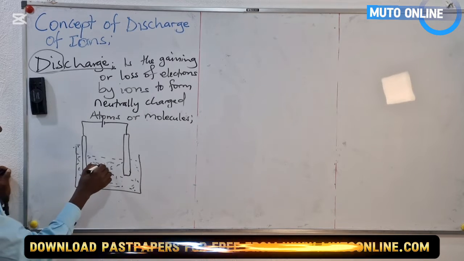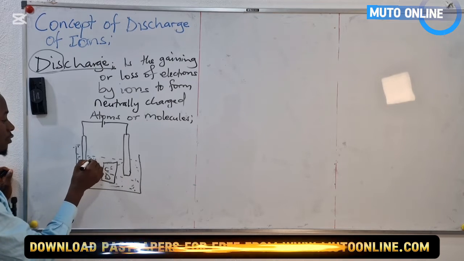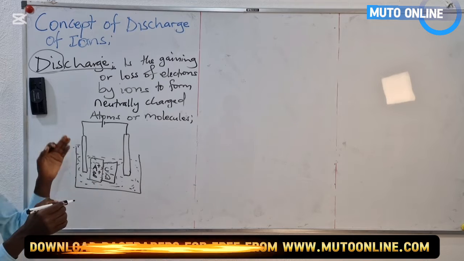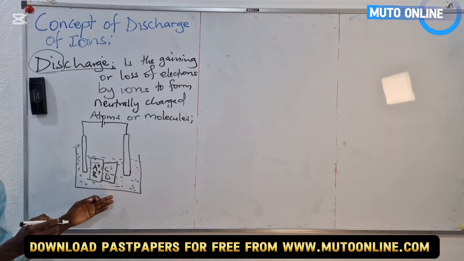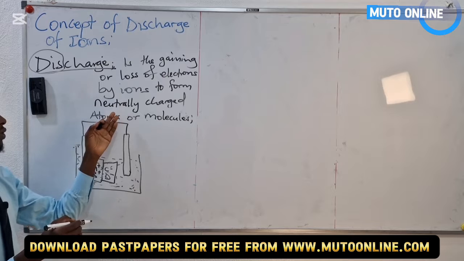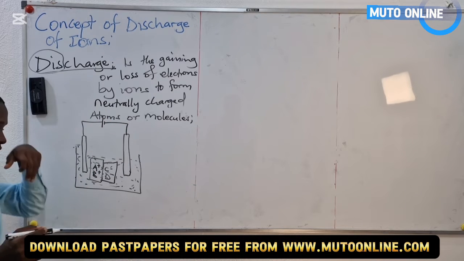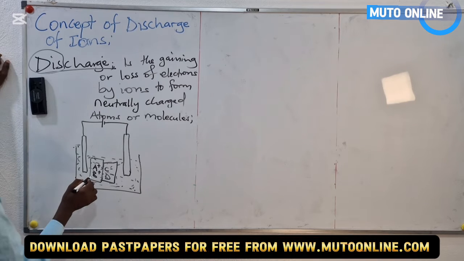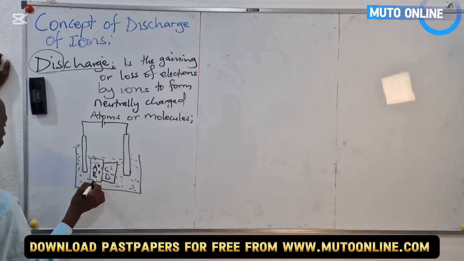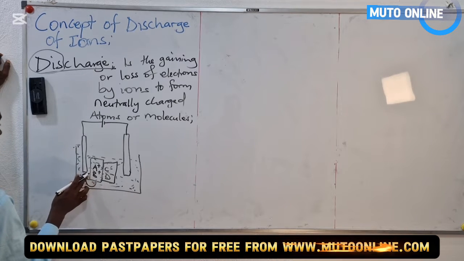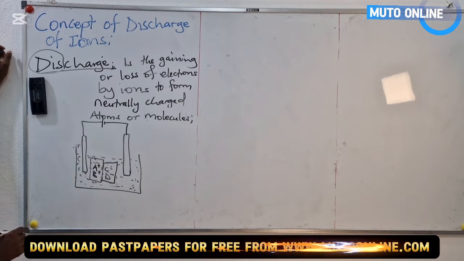We are going to look at the discharge process, which we've called the loss or gaining of electrons by ions in an electrolyte so as to form neutrally charged atoms or molecules. So, these ions, before they are discharged, before they lose or gain electrons, will automatically travel to oppositely charged electrodes.